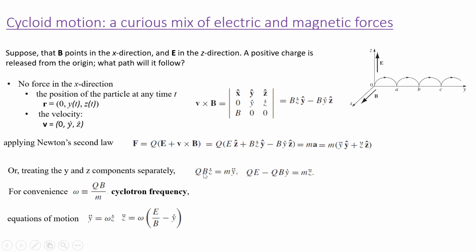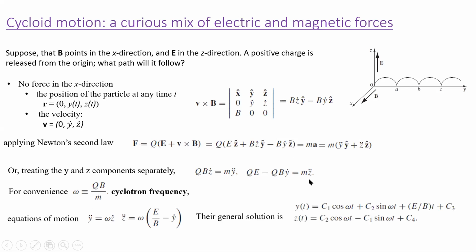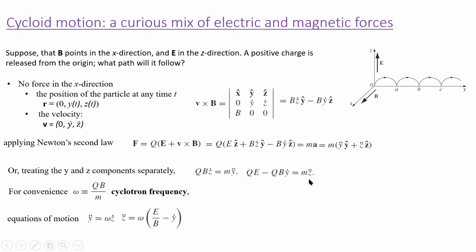So we divide through here and we get y double dot is equal to QB over M z dot, or omega z dot. And here we have z double dot is equal to QE over M minus QB over M y dot.